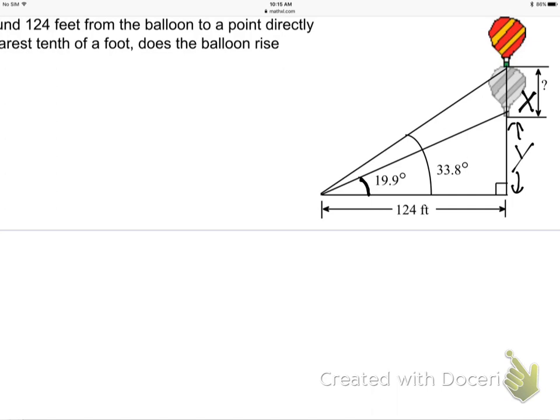So it's tangent again. Tangent of 19.9 degrees is opposite y over 124. Is that good so far? So we can solve for y.